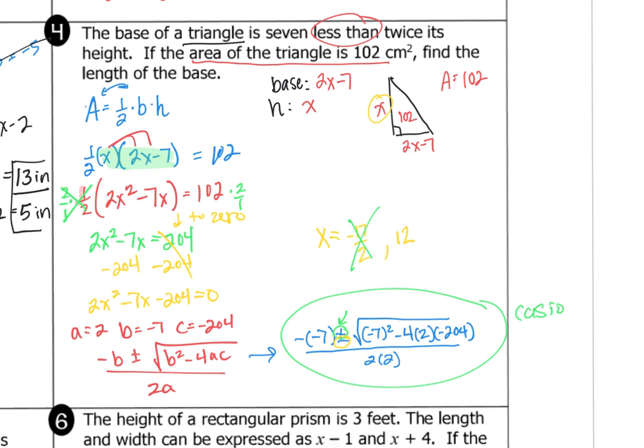So we know that our height, which was x, is equal to 12 centimeters. And our base is equal to 2 times x minus 7, so 24 minus 7 is equal to 17 centimeters. It was just asking us about the base, so that was 17 centimeters.